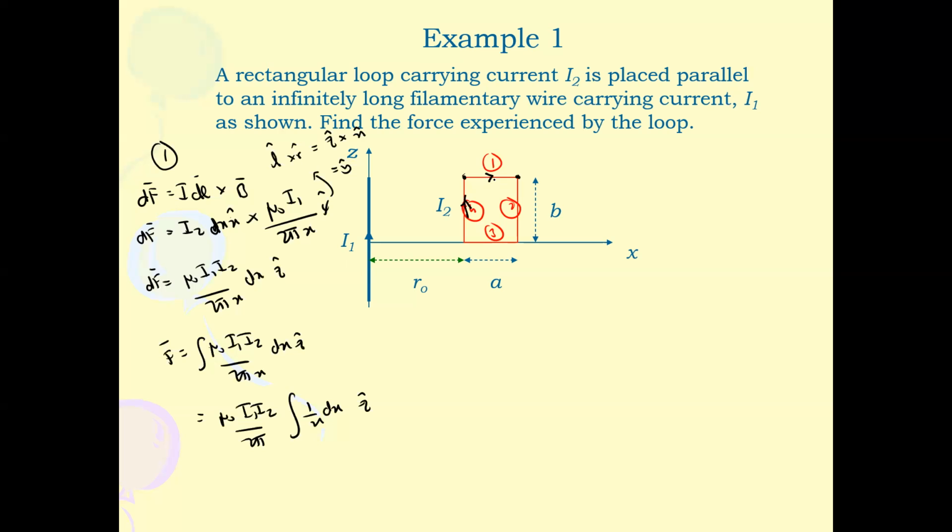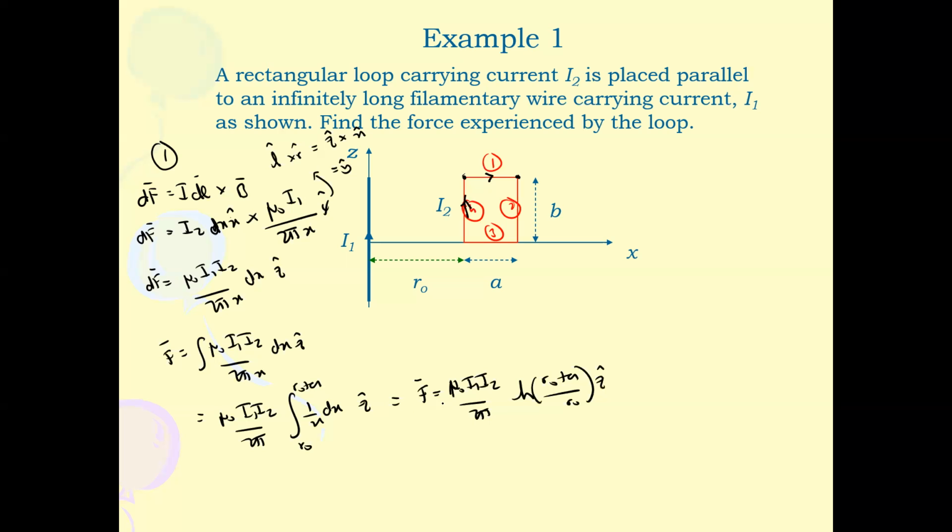We know that x ranges from R0 to R0 plus A, so the force will be equal to mu naught I1 I2 over 2 pi ln of (R0 plus A) divided by R0 in the Z direction. That should be the force experienced by side number 1.